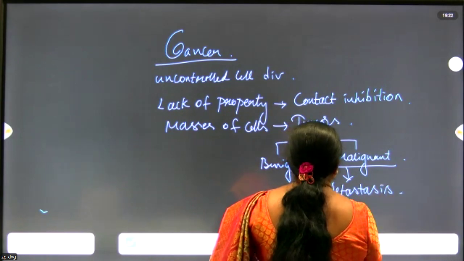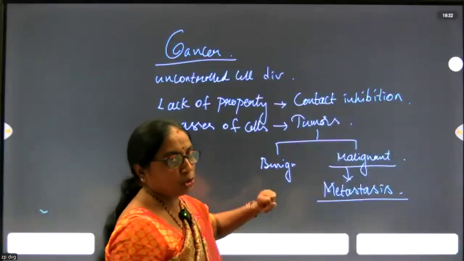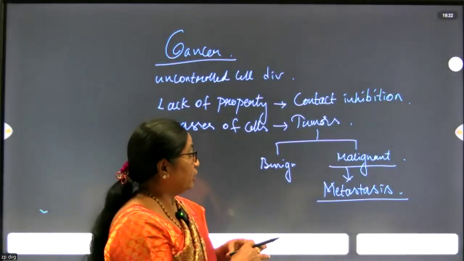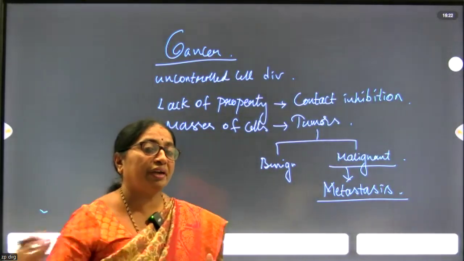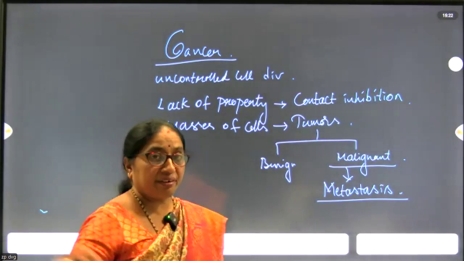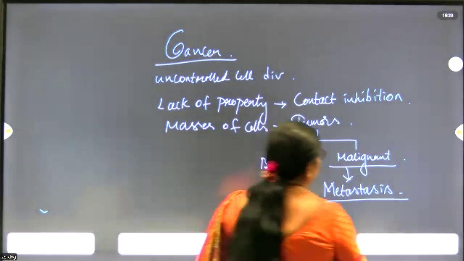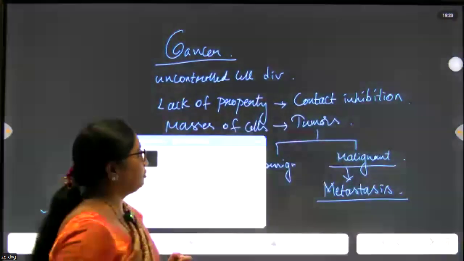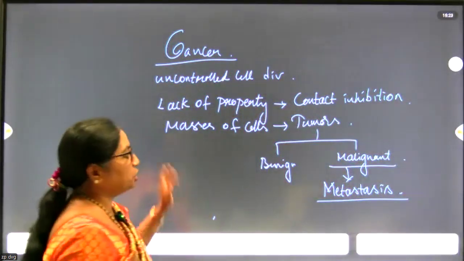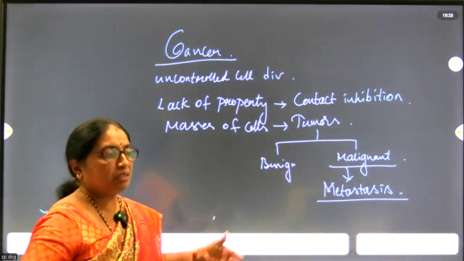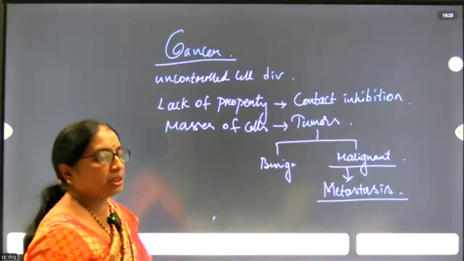So metastasis, the neoplastic cells or the cancer cells which are present in the tumors, they proliferate, they get dislodged from the tissues, they enter into the bloodstream. Through the bloodstream, they enter into different parts of the body, they enter into new organs, and there they start developing new tumors. And that property is called metastasis, which is one of the very dangerous conditions of cancer. So one person may get many types of cancer because of this property, which is highly dangerous.